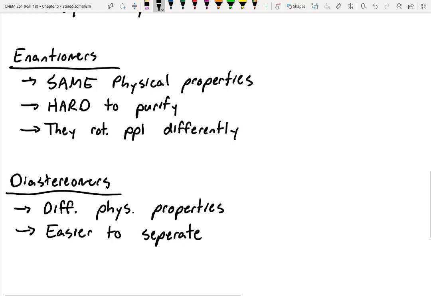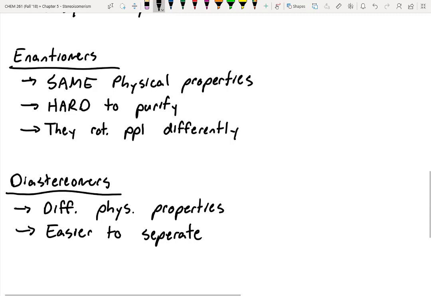I wouldn't go so far as to say they're easy to separate because they have a lot of the same properties, but they're ultimately quite different from one another. So they're not as easy to separate as constitutional isomers, but they have different boiling points, different melting points, things like that. All right, so enantiomers are the tricky ones. They're the ones where if you go into medicinal chemistry, it's a bear to purify different enantiomers, and they spend a lot of time and money trying to figure out clever ways to do so.